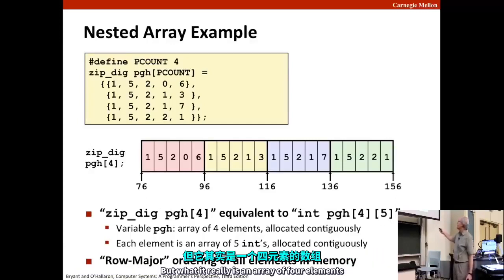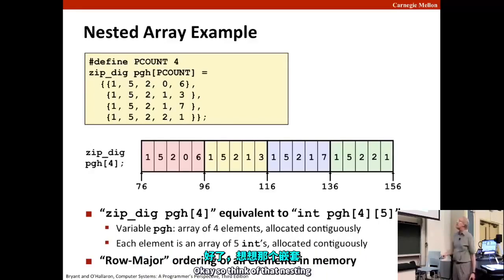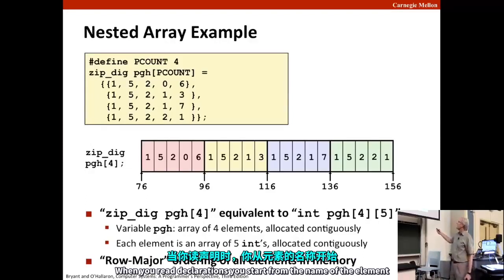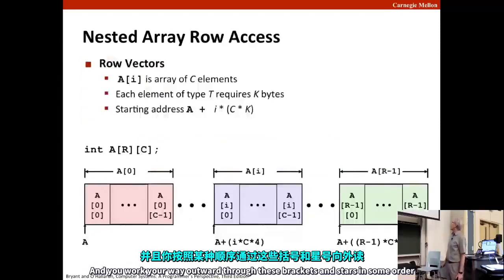But what it really is is an array of 4 elements, 1, 2, 3, 4, each of which is an array of 5 ints. Okay? So think of that nesting. When you read declarations, you start from the name of the element, and you work your way outward through these brackets and stars in some order.